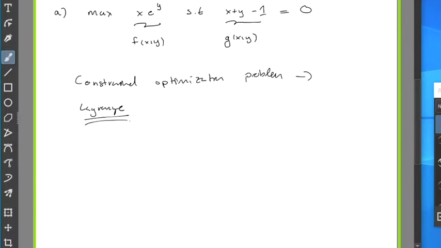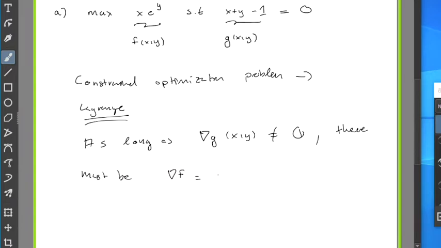We know that as long as nabla g is not equal to the 0 vector, there must be nabla f equal to lambda nabla g for some lambda in R in the point where the maximum occurs.